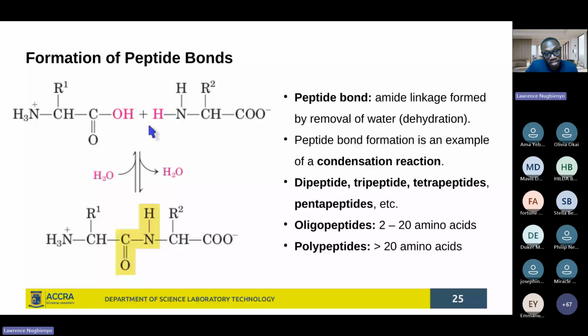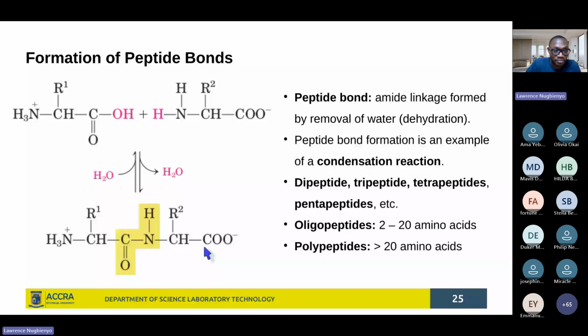And condensation reaction, sometimes also being referred to as dehydration, because there's a removal of water. So you say dehydration. Condensation, like meteorologists will say condensation, like rainfall, formation of water.